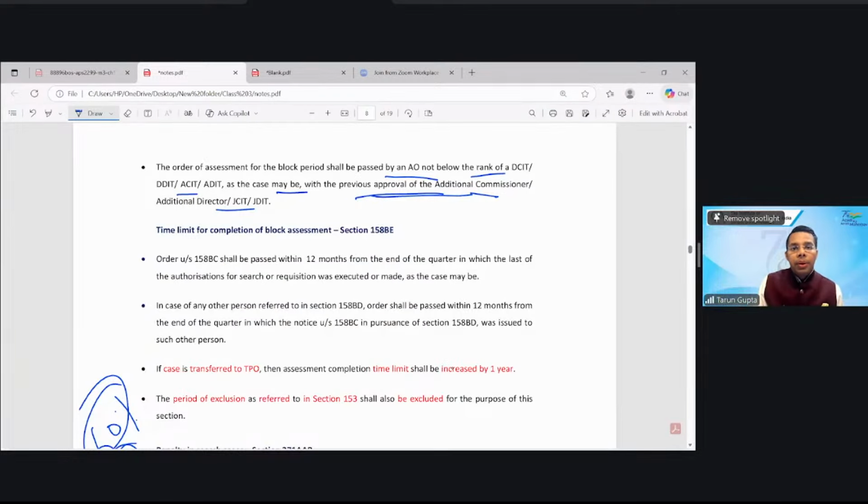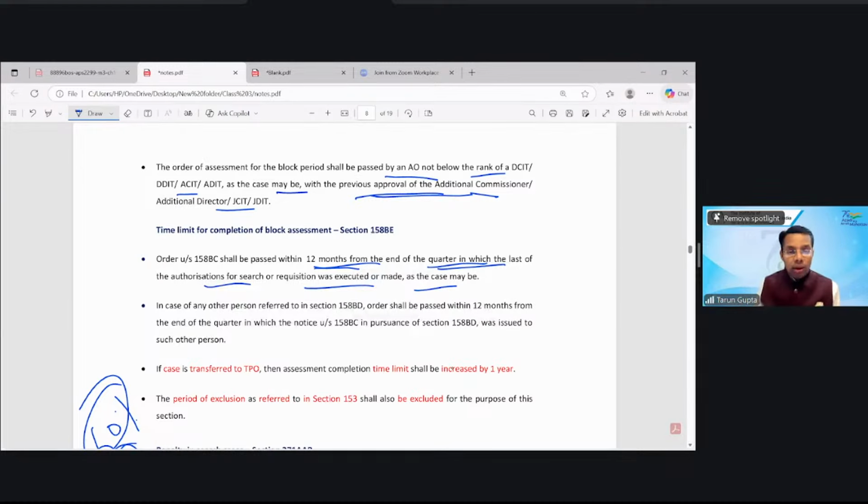The order under section 158BC, the assessment order, shall be passed within 12 months from the end of the quarter. So tax laws are quite complex. Somewhere it uses end of the financial year, somewhere end of the month, somewhere end of the quarter. 12 months from the end of the quarter in which the last of the authorizations for search or acquisition was executed, as the case may be.